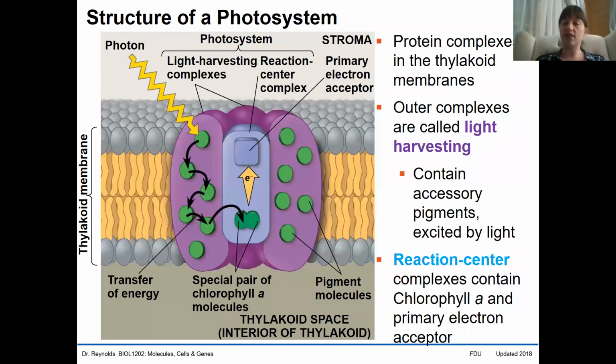So hopefully it doesn't surprise you that in the reaction center, a reaction occurs from here in the center of the photosystem. That ever important reaction is when chlorophyll A, a very special pair of pigments, donates an electron to a primary electron acceptor.